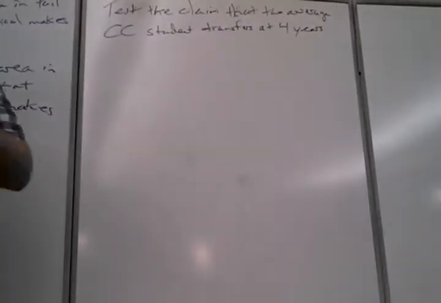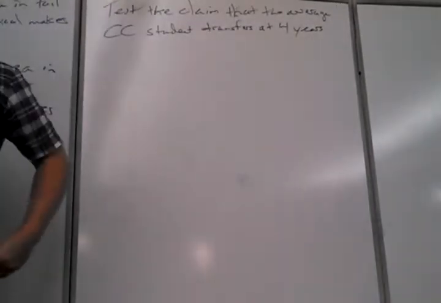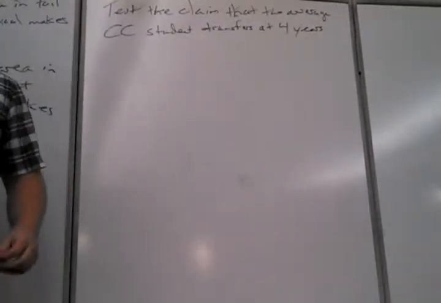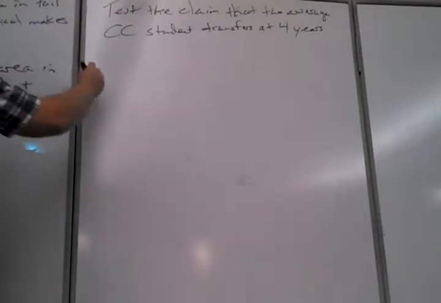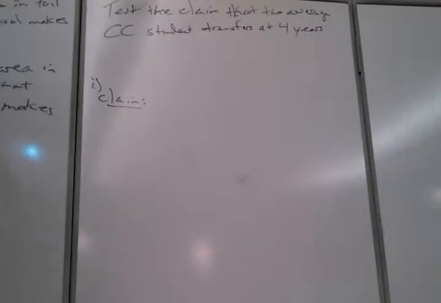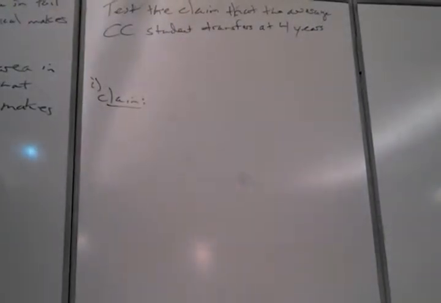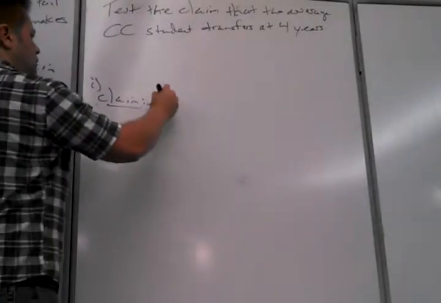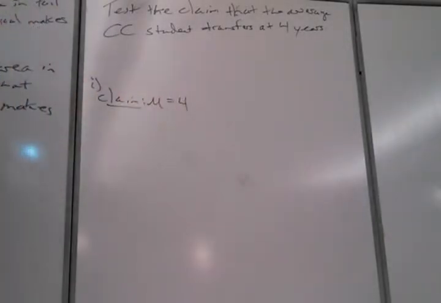So exactly 4 years, then they transfer. Which means my claim is going to be what? The claim is going to be the average number of years it takes to transfer is equal to 4. So the claim is going to be mu equals 4.